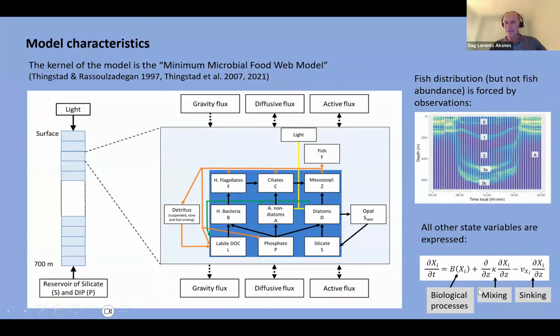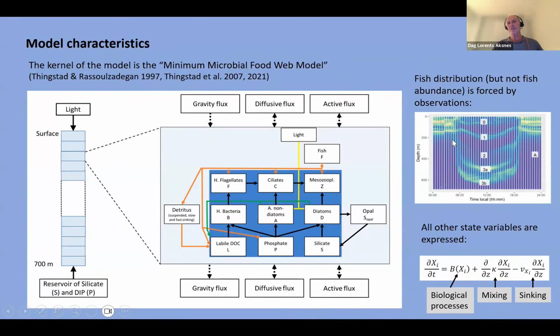And essentially we have the biological processes, which are mainly from this model of Tingstad. We have the mixing, of course, because the water column has some mixing. And we also have sinking of the variables, which leads to gravity flux. The mixing part leads to the diffusive flux. And the active flux is, of course, by fish migration.